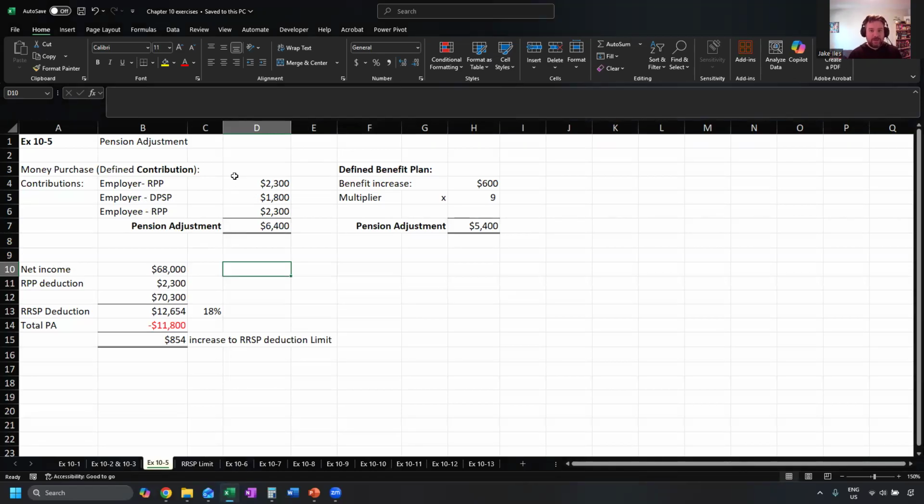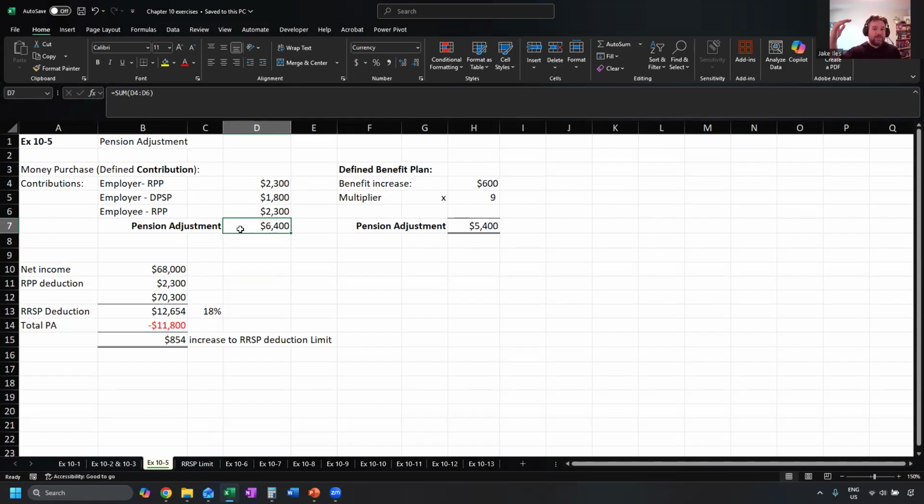We have a defined benefit and we have a contribution plan. So for the money purchase, the defined contribution, they contributed $1,800 to the profit sharing plan and another $2,300 to the RPP. The employee, Arnett, contributed another $2,300. So he had that deducted from his paycheck at work. So the pension adjustment is $6,400.